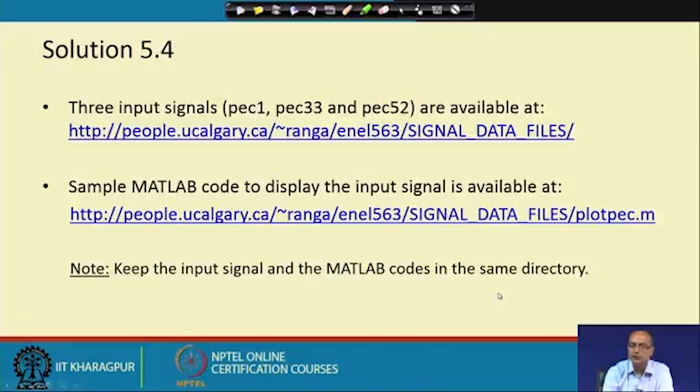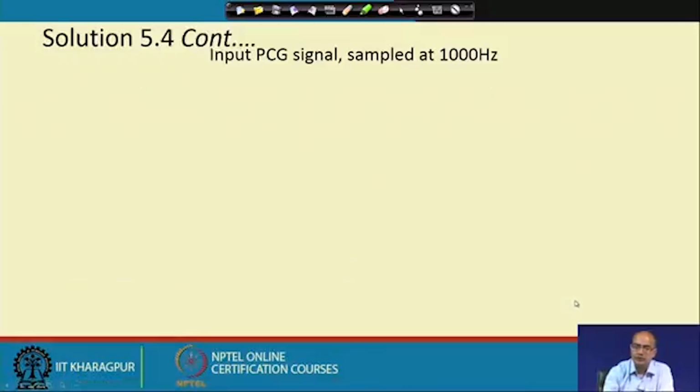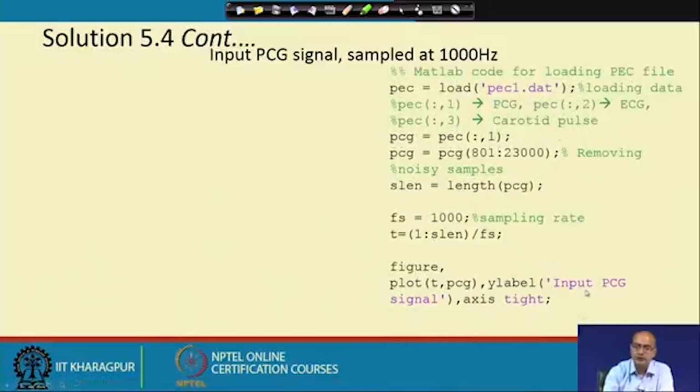First we download the signals and that MATLAB file plotpcg.m, which is required to read those files, and we keep them in the working directory of MATLAB. Now, the first thing is to input the signal and appreciate it by seeing the plot.